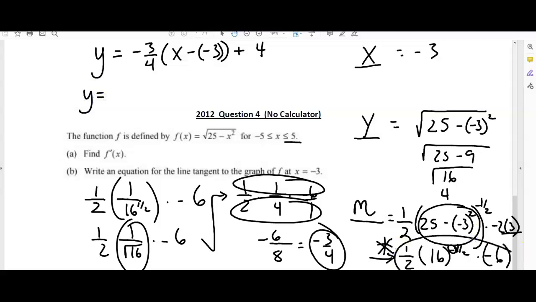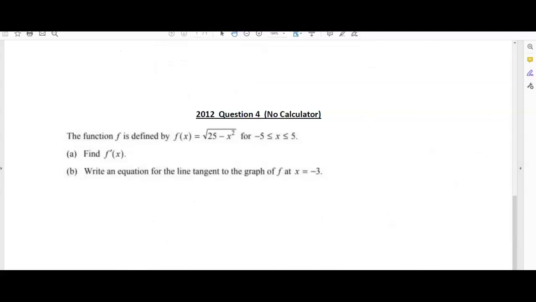You would literally put this whole thing right here where the m is. So you would have 1 over 2 times 16 to the negative 1/2 times negative 6, and then you would have the rest of this here. So that would technically be okay. There would be nothing wrong with that. Okay, all right. So that does it for us.